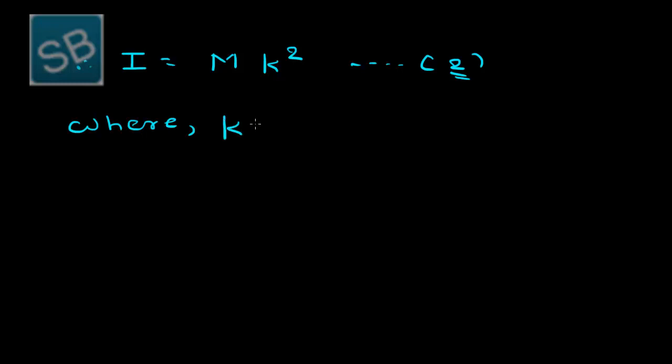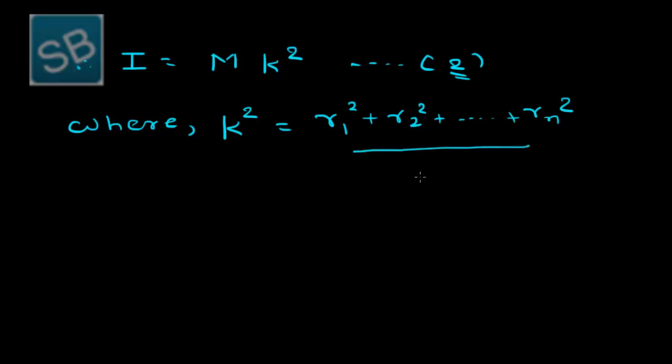Therefore, I is equal to M k square. This is equation number 2, where k square is equal to r1 square plus r2 square plus so on rn square divided by n.